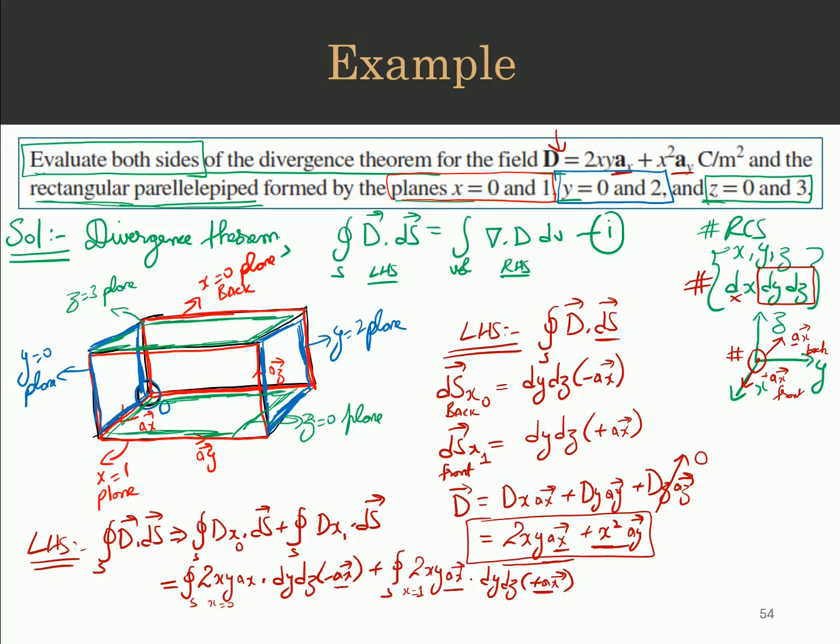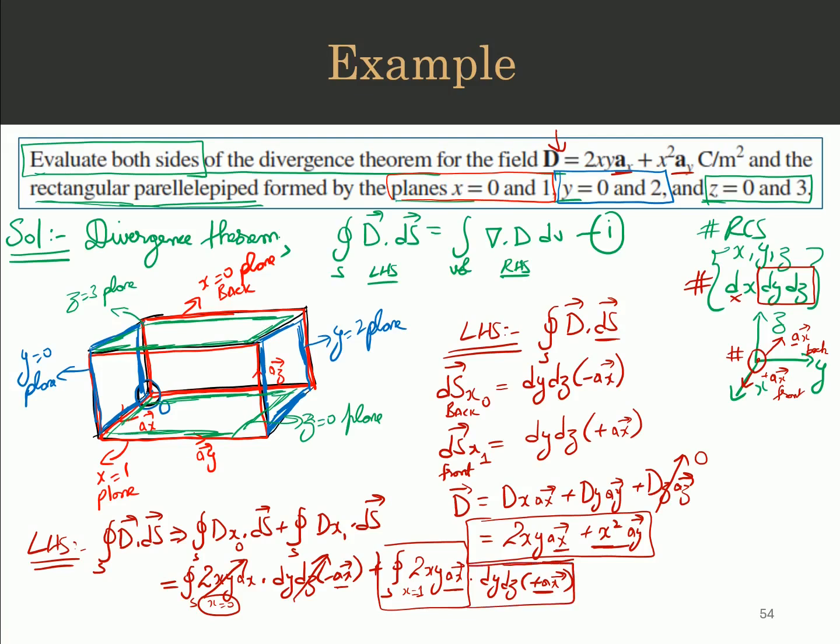Now if you put the value of Dx at x equal to 0, this automatically becomes 0. So this term cancels out when x is taken as 0. Similarly, when I put x equal to 1, I'm only left with this portion of the equation.